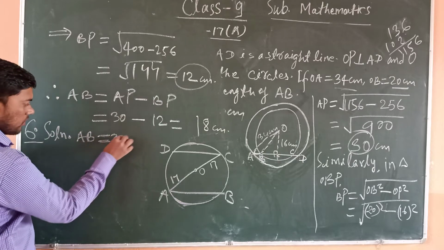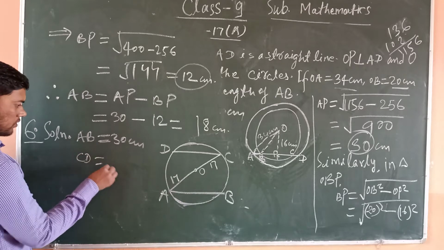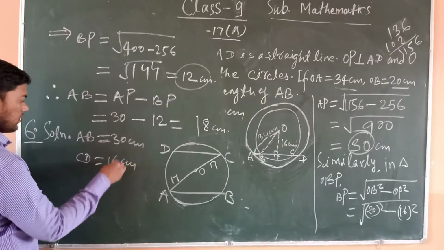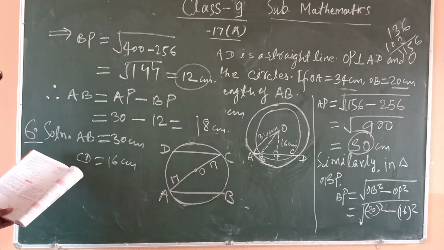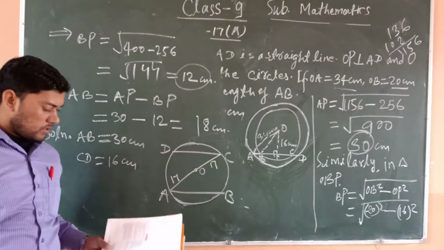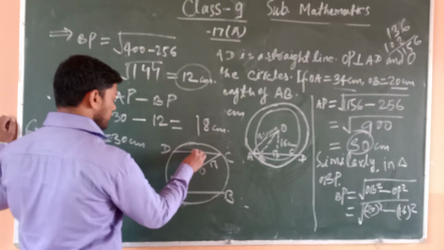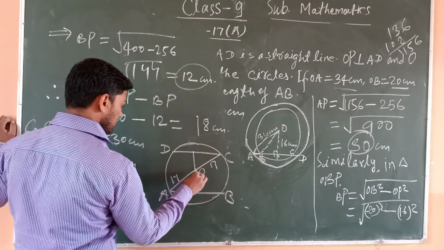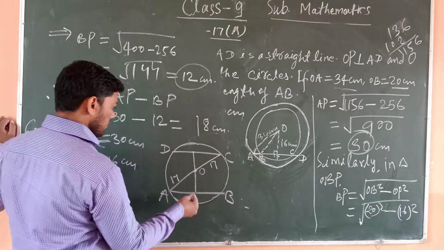Suppose AB is equal to 30 centimeter and CD is equal to 16 centimeter. Any one chord you can take as 30. We have to find the distance between chords.